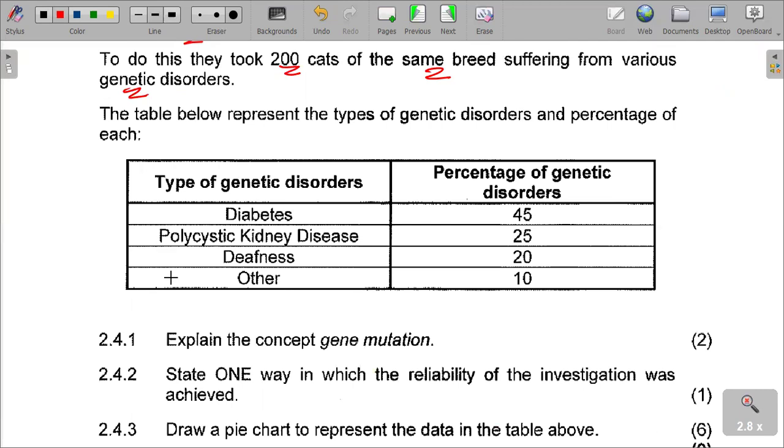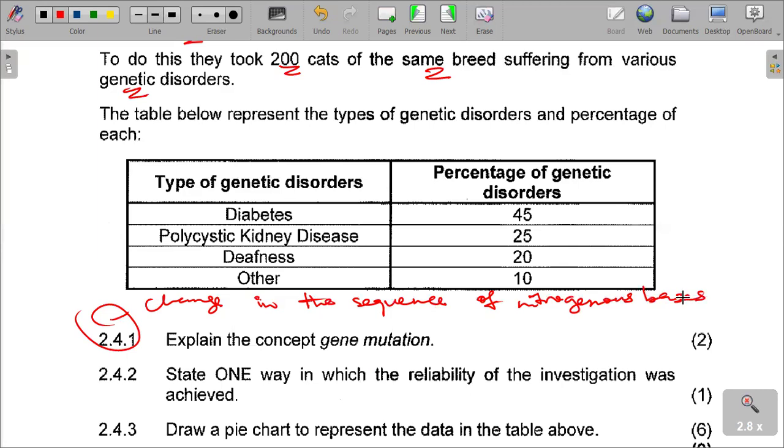Gene mutation is actually a change in the sequence of nitrogenous bases in a DNA molecule, which eventually, when this occurs, can result in the formation of different proteins.